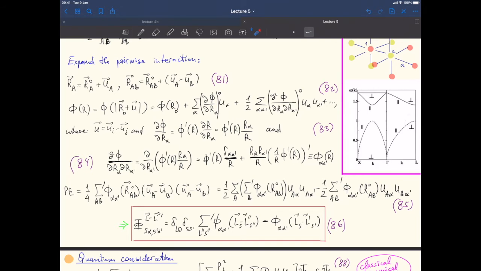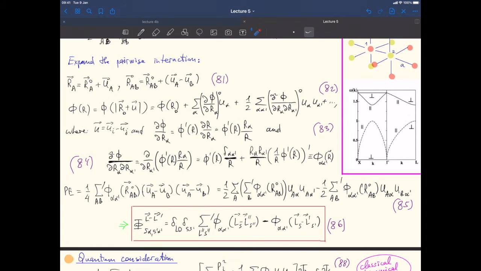So up to this point, the derivation was rather general. This could have been a molecule or periodic crystal. And that particular expression for the potential energy, as we worked out here, would correspond to harmonic expansion of the potential energy with respect to atomic displacements, which is valid for any type of system.